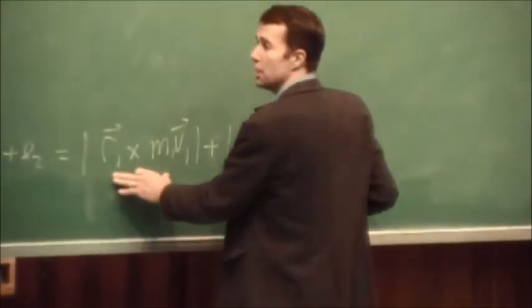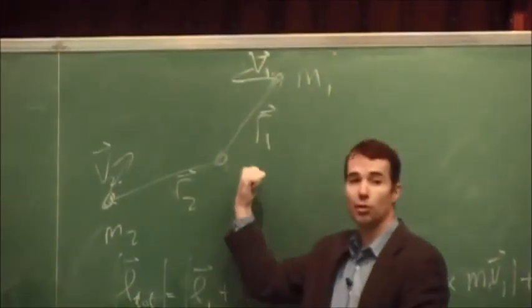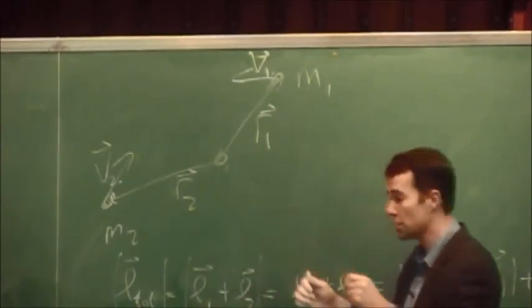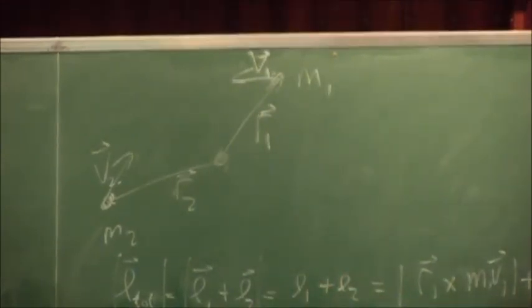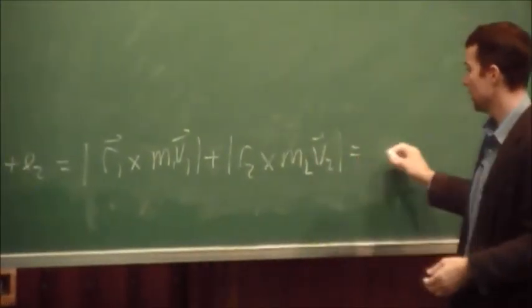I'm only doing this because L1 is going this way and L2 is going this way. They're both on the same line, so I can just literally add their magnitudes, right? If L1 was that way and L2 is this way, I'd have to break them up into components of x, components of y, and components of z. But here I'm just going to write it like this.